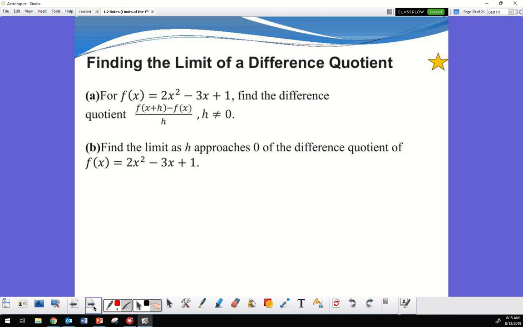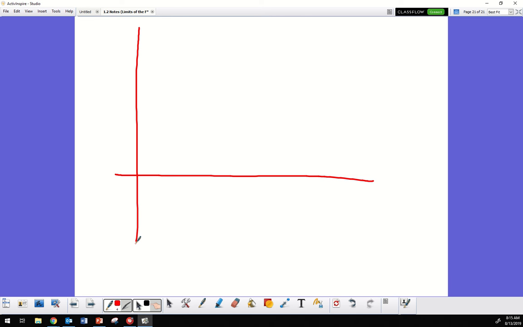I like doing this. We have a graph. This is just some graph, randomly. Right here, this is going to be my x, and this is going to be h. There's x, there's h.